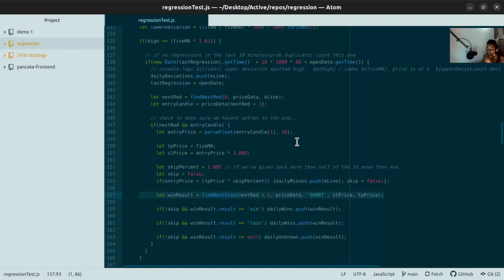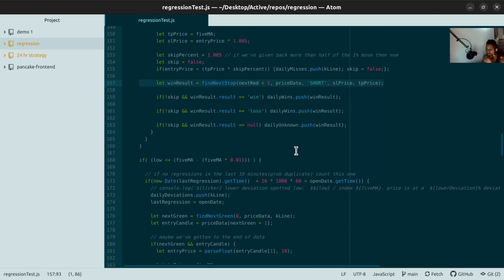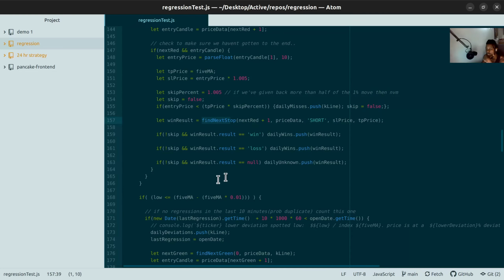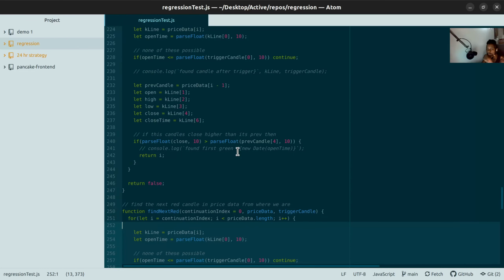Right now I'm looking through this function to make sure we didn't do something bad.